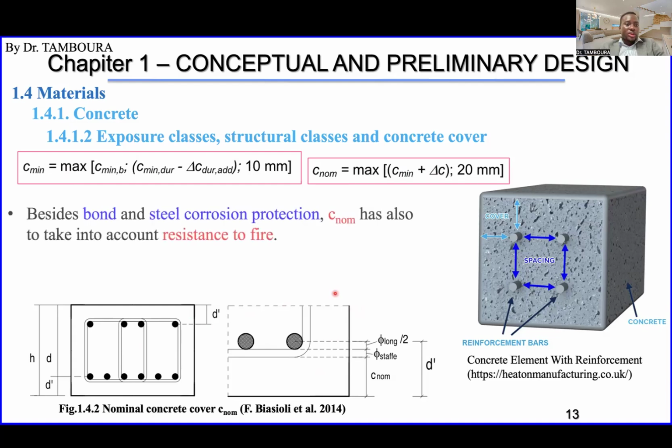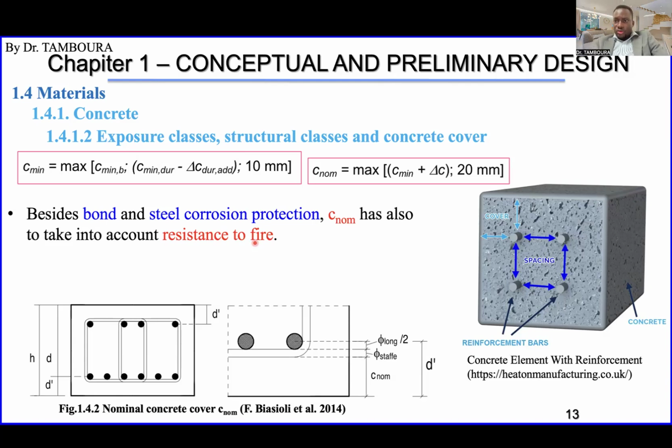What is C nominal? Besides bond and steel corrosion protection, it means besides bond and durability, you also sometimes have to add the resistance to fire. But in our case here, we will not consider that.